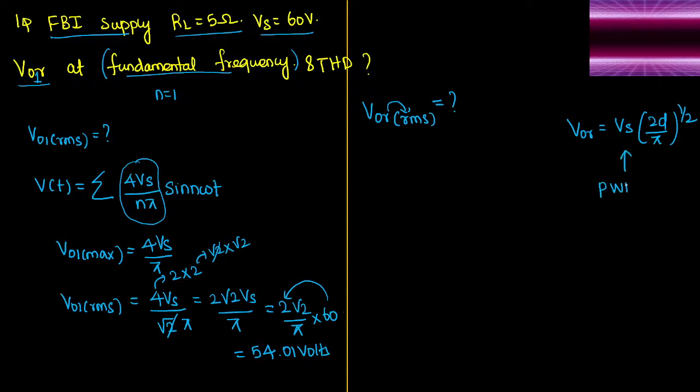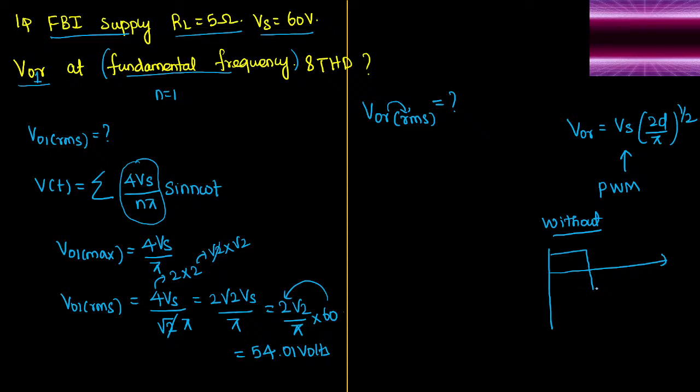Pulse width modulation technique. In pulse width modulation technique, let me tell you, without pulse width modulation, how your output waveform will look. If you draw the output waveform in x and y axis, our waveform will be a pure rectangular wave.